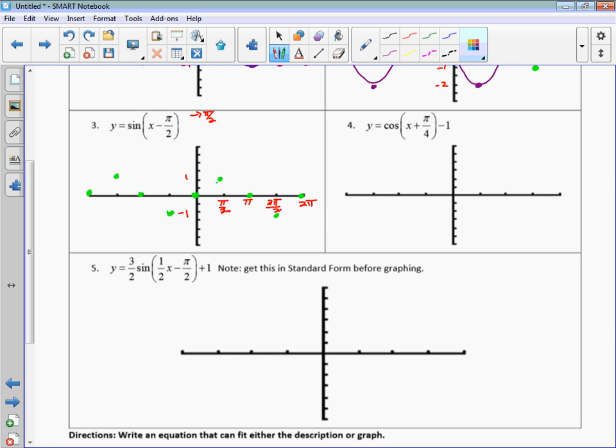What you're going to do is take these green dots, and we're going to shift to the right pi over 2. How many tick marks is pi over 2? Just 1, right? So you're just going to take this dot, move it over there. This guy goes over here. This one over here, okay? So, move it over.